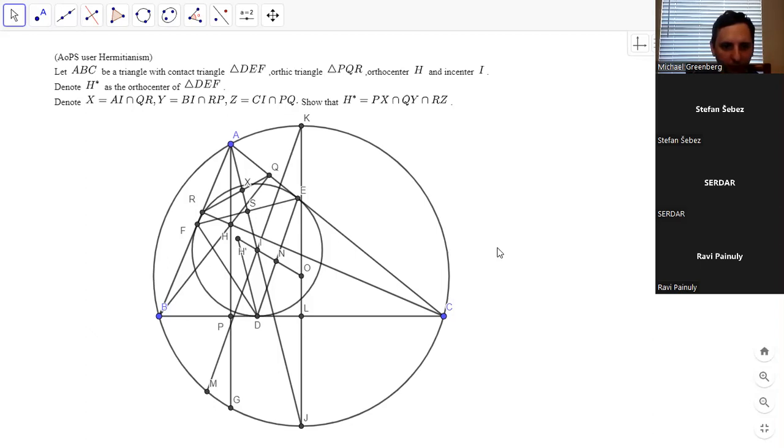All right. Let's see, is there a way we can use projective geometry?